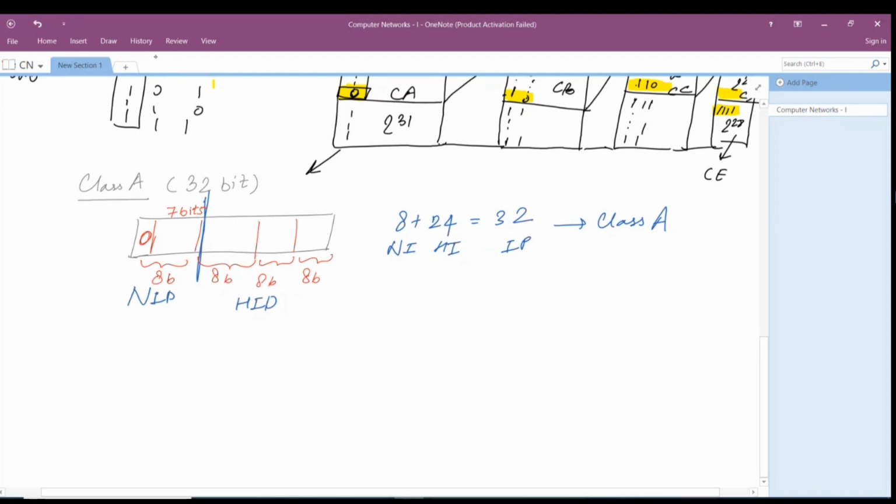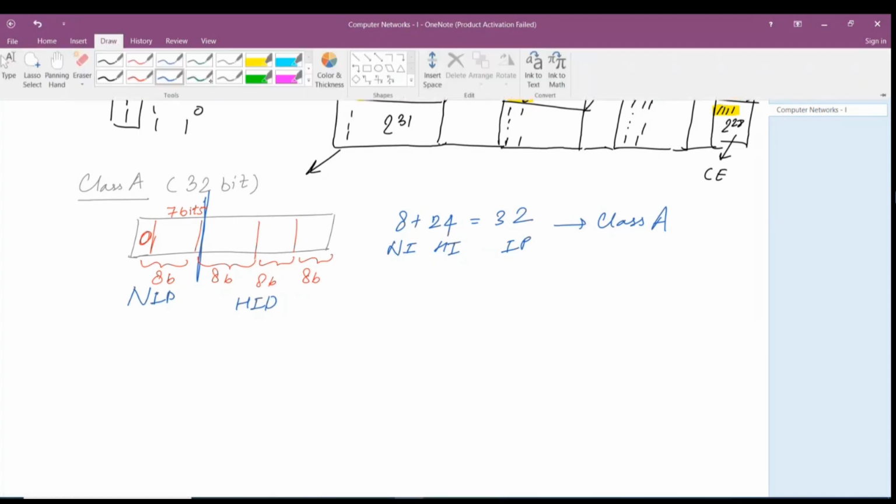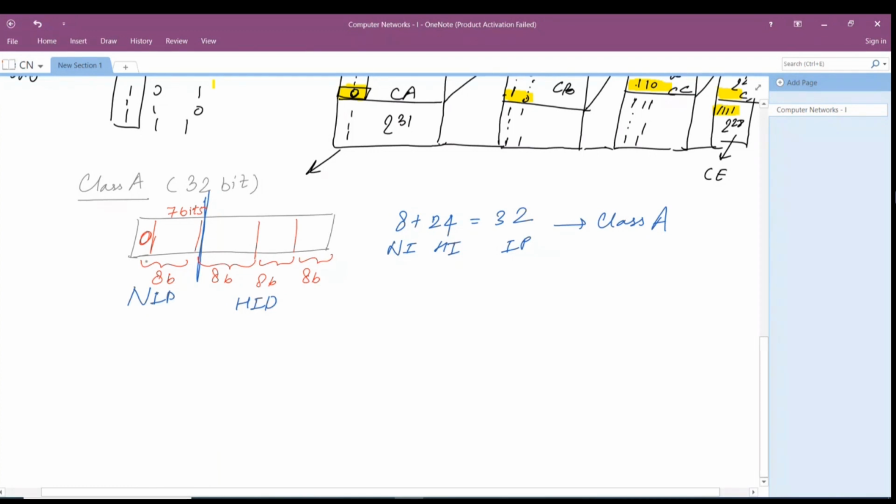Now I need a response from your end: how many hosts are possible in class A? Let's talk first about how many networks are possible in class A. We have the network ID, 8 bits constitute the network ID, 24 bits constitute the host ID.